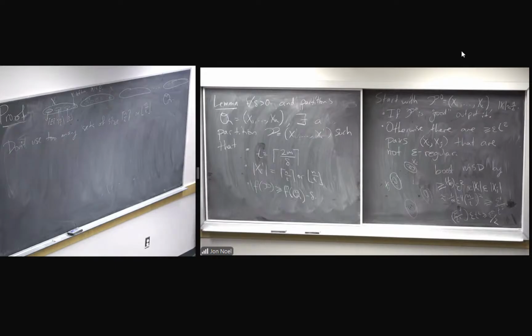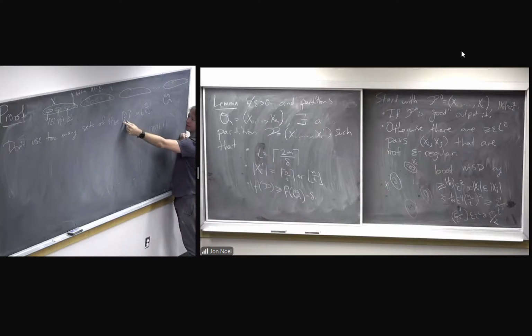Let's say that the number of vertices is 1,000 t plus 1. What you want at the end is exactly one set of the size being the ceiling and the rest being the floor. If you think about this case, it's pretty much divisible by t, just one extra.